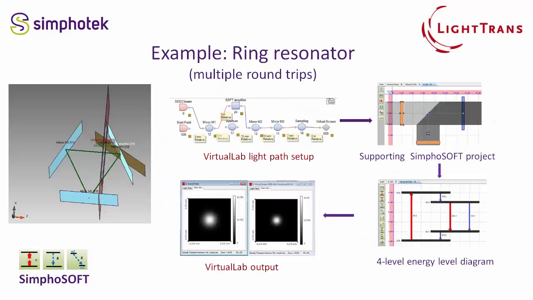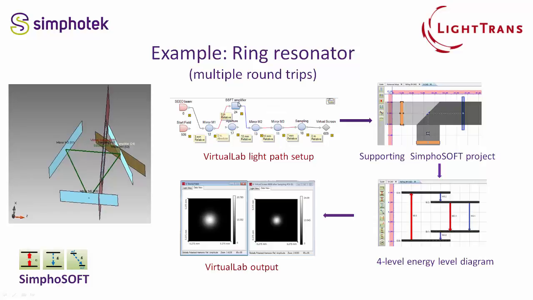The example we're going to show is a ring resonator with multiple round trips. A 3D view of the resonator is shown on the left with 3 mirrors, a gain material, and a starting and stopping plane. This is shown here as the VirtualLab light path setup, where you see the seed, the 3 mirrors, virtual screen, and the amplifier.